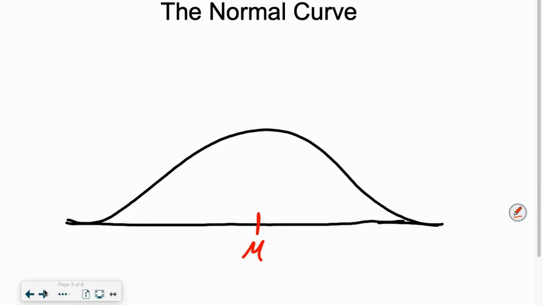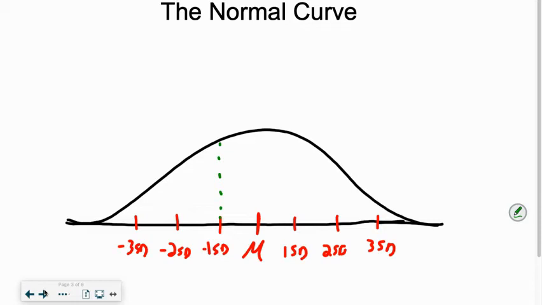And then if we go 1 standard deviation below, 1 standard deviation above, 2 standard deviations, 3 standard deviations, these boxes in each one of them is 34% roughly of the data.